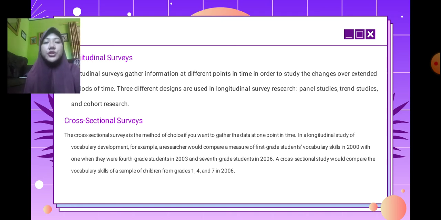A cross-sectional study would compare the vocabulary skill of a sample of children from grades 1, 4, and 7 in 2006.